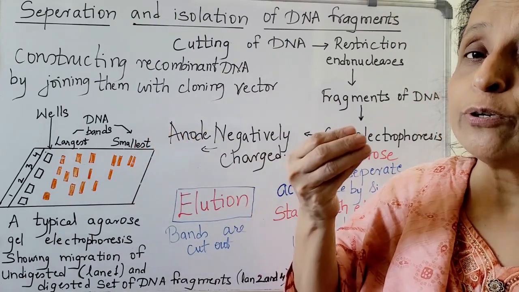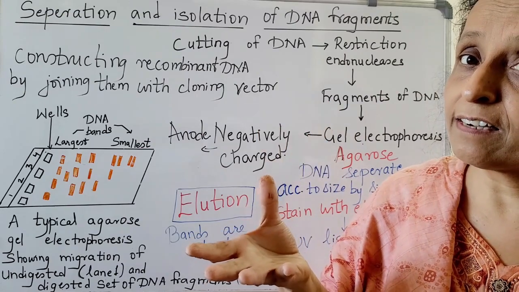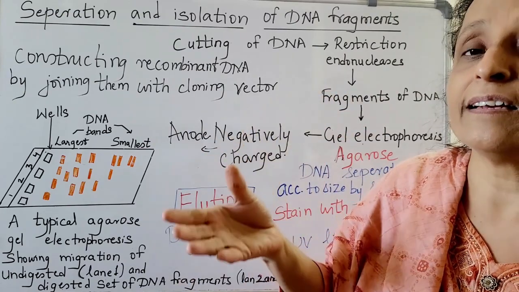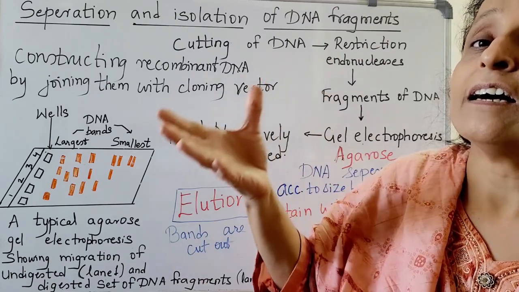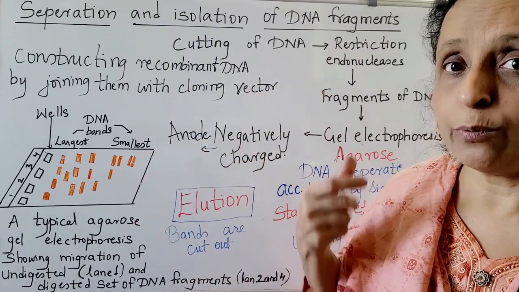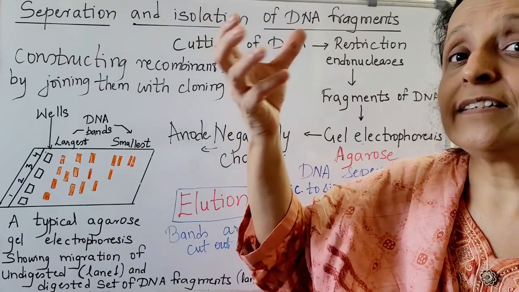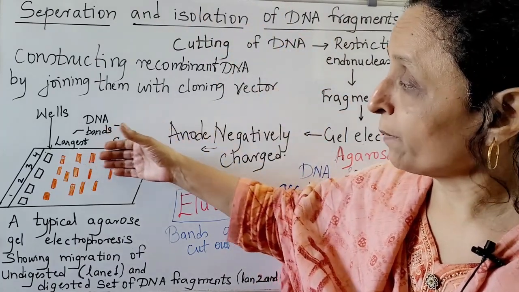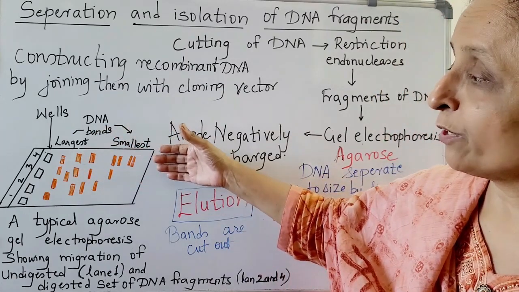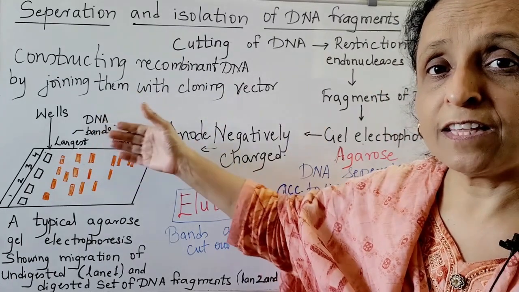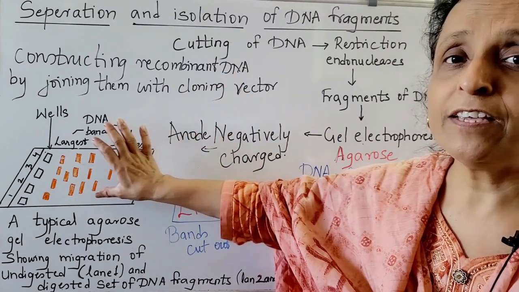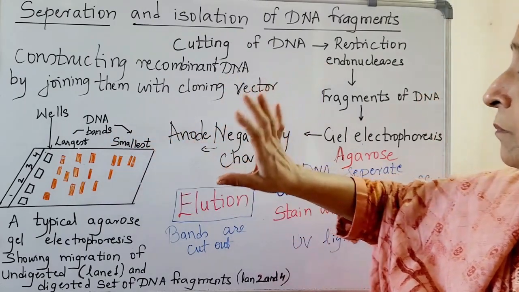That means you are utilizing the electric current for separation of DNA. DNA is negatively charged. It gets attracted towards the anode, therefore it travels at a faster speed and it spreads out in the matrix, in the gel, in the agarose. So here you have the spread out DNA.